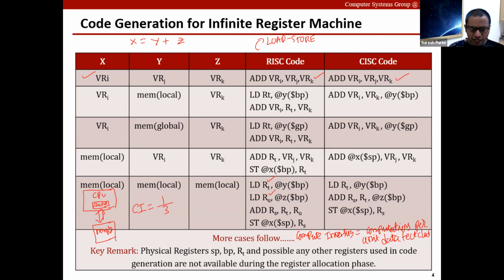So when we do code generation, our effort is to use the registers on the CPU, and use the available cache in such a way that we minimize the number of times we visit the main memory, because main memory is a bottleneck. In other words, we want to maximize the compute intensity. This is a very important goal.